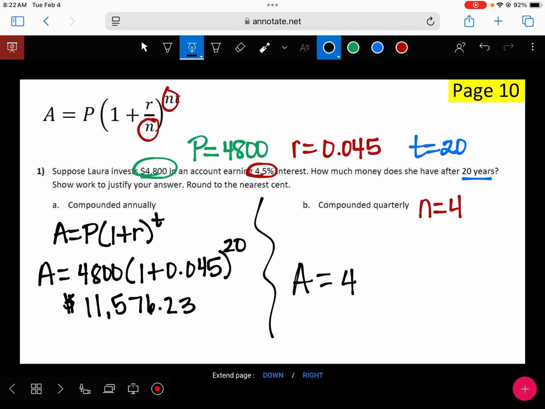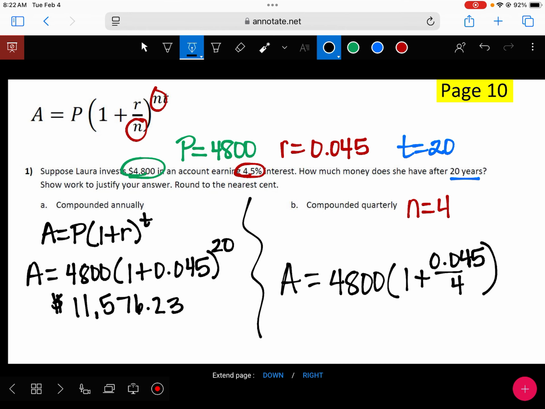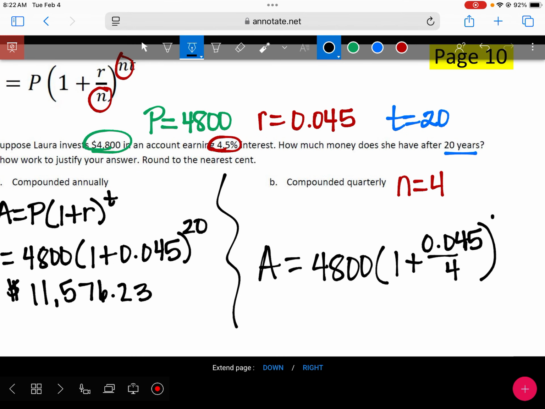So you're going to type in 4,800, parentheses, 1 plus, then you're going to hit a fraction bar. On top, you're going to put 0.045. On the bottom, you have 4. And it's to the power of 4 times 20.